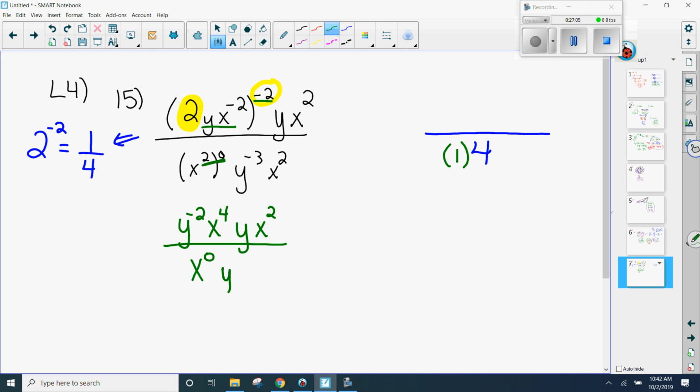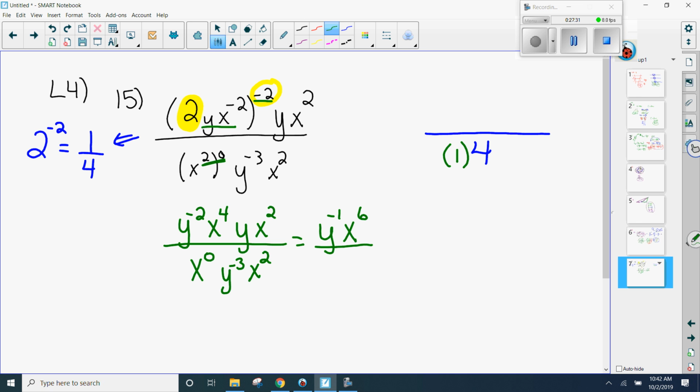We have y to the negative third and x squared. So the numerator, that's going to give you y to what power? Negative first, negative 2 plus 1. Now I'm adding the exponents. So negative 2 plus 1 is negative 1. x to the 4 plus 2 is 6.